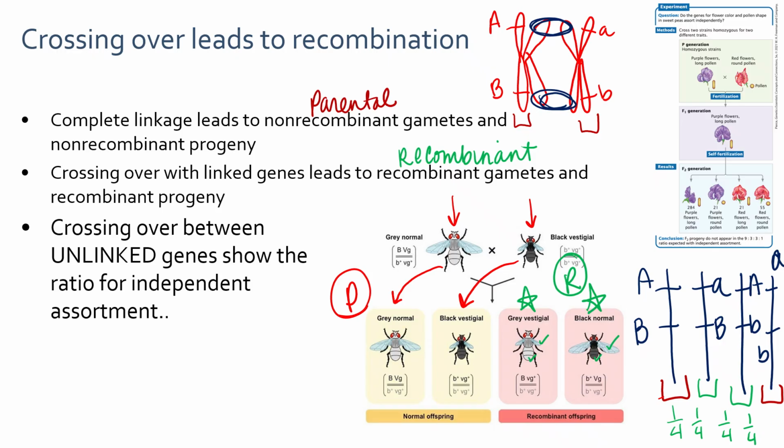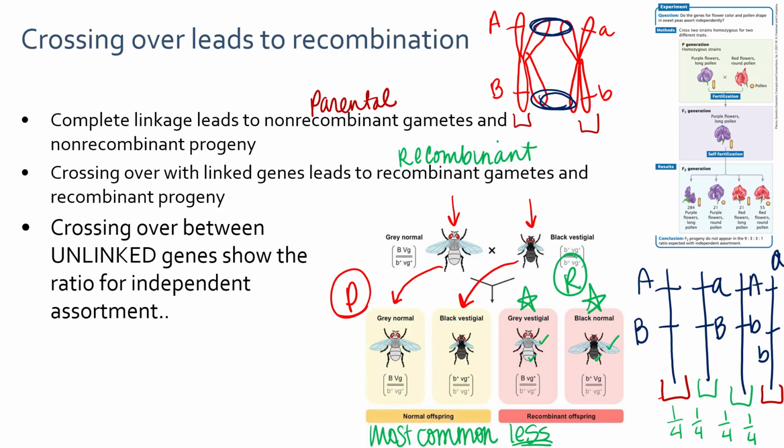So we are almost always going to have fewer recombinants than parentals. Our parentals are always going to be the most common, and then our recombinant offspring are going to be less common.